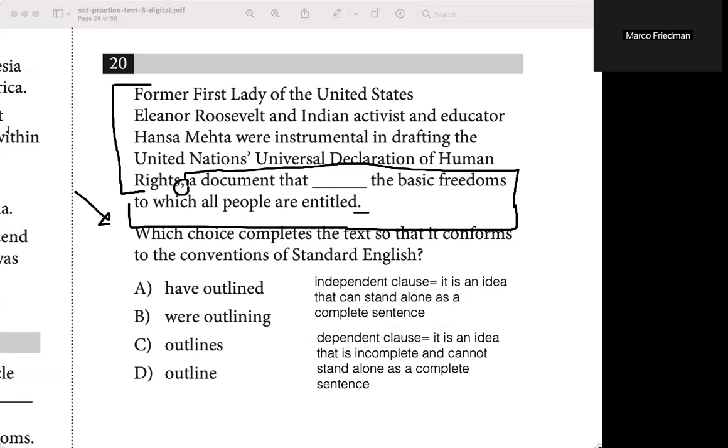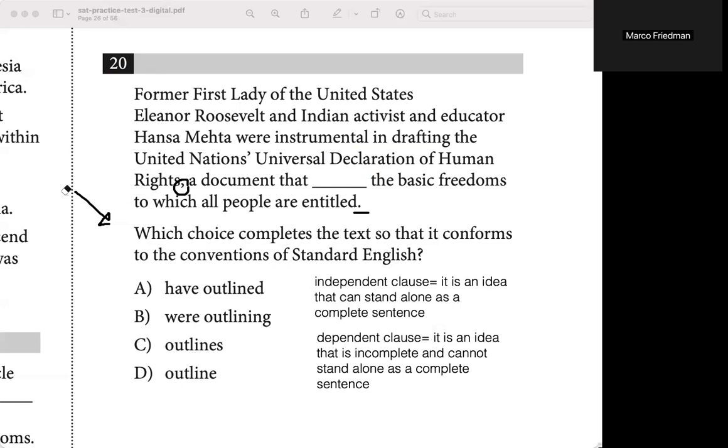All right, so now let's focus on this dependent clause, because the question needs to be answered in this area, in this dependent clause.